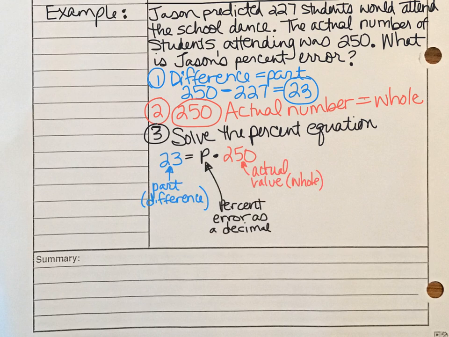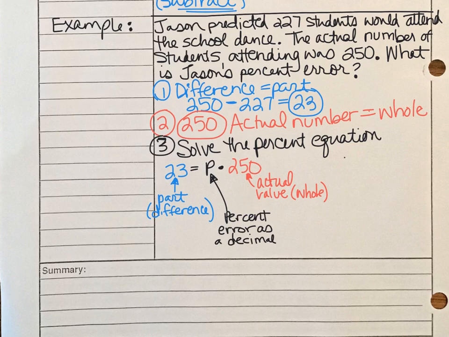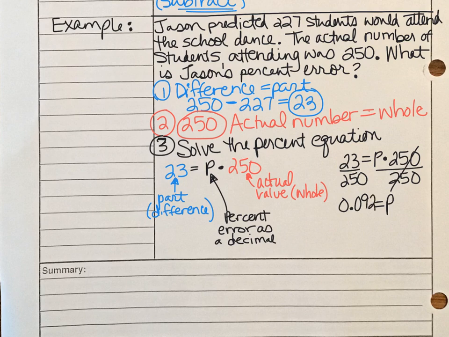So we have 23 equals P times 250, and we're going to divide both sides by 250, and we're going to get a P value, or a percentage value, that is in decimal form.